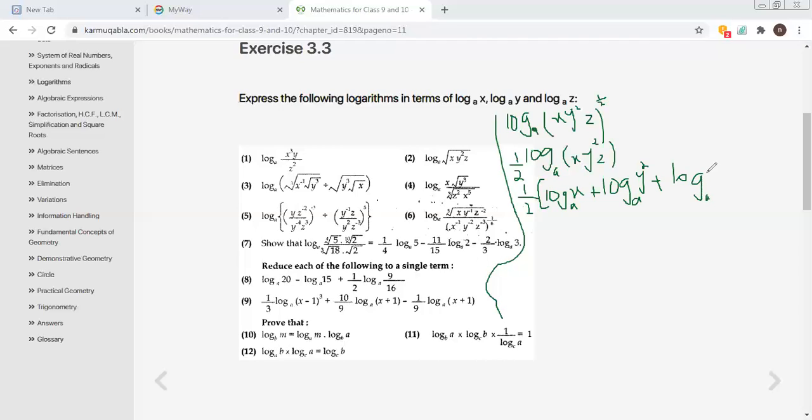Very good. Okay, 1 upon 2 is multiplying with all three terms. ये तीनों terms से multiply हो रहा है. So here we will open the bracket and multiply 1 upon 2 with the whole terms.